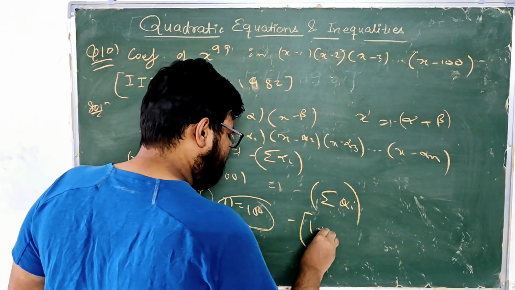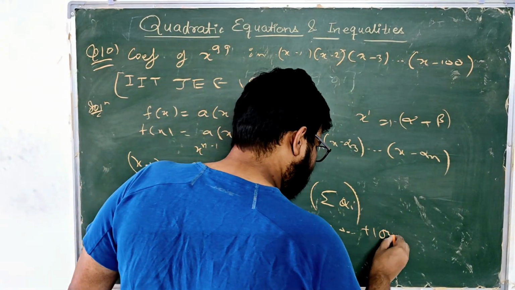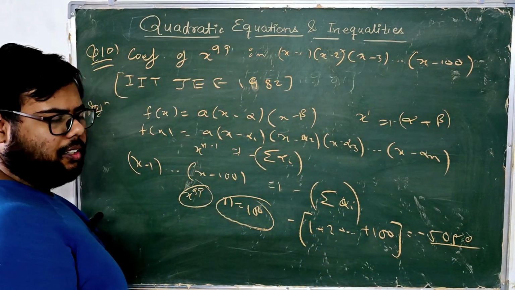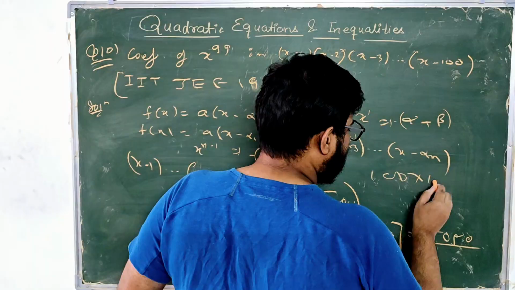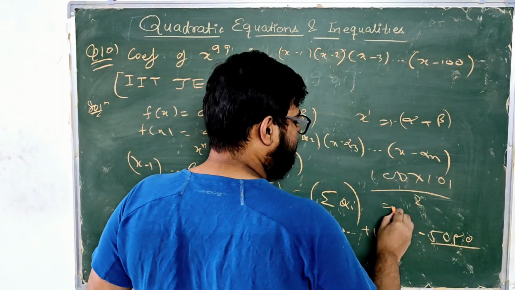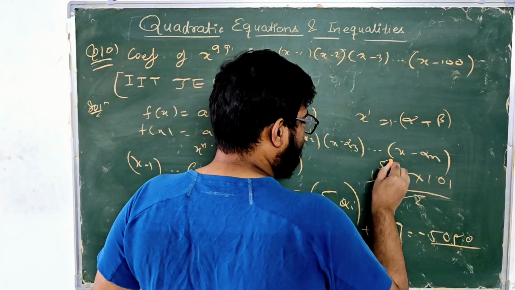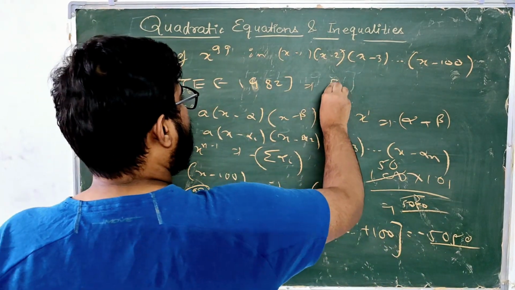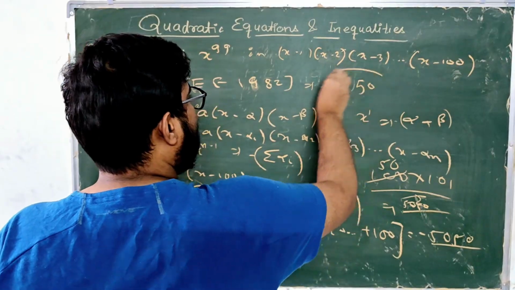So it will be negative of 1 plus 2 till 100. This is negative 5050. That's the answer. Of course 100 times 101 by 2 is 5050. So it is 5050 with a negative sign.